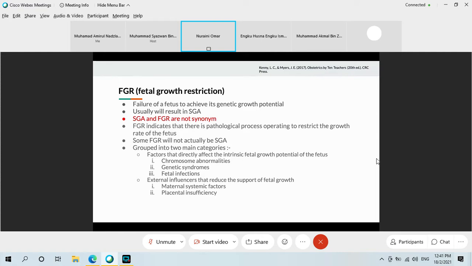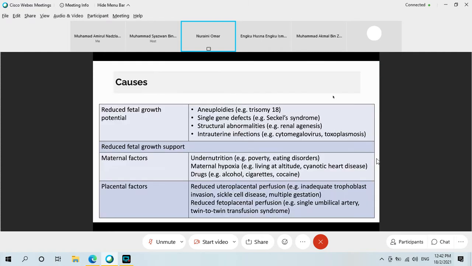In the first group, factors that directly affect the intrinsic fetal growth potential are such as chromosome abnormalities, genetic syndromes, and fetal infections, whereas the external influences are such as maternal systemic factors, maybe the mother has conditions such as cyanotic heart disease or any blood disorder. And the second one is placental insufficiency, and later on my friend will explain more. So I think that's it. Next. Okay, that's it from me.